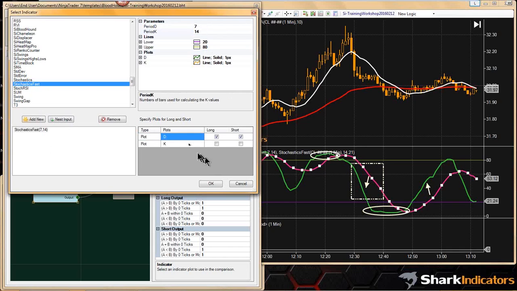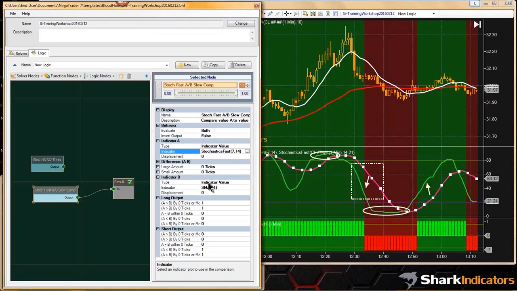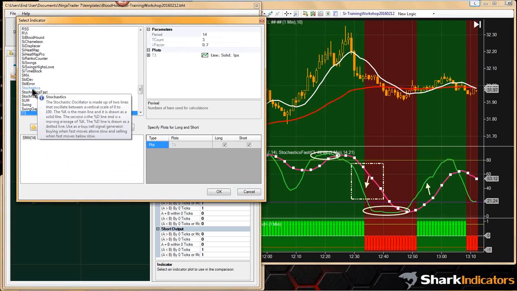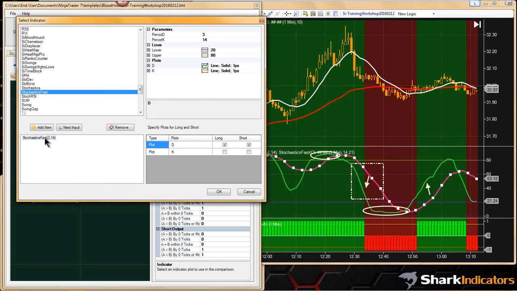So that's the faster stochastic, and we're using the %D on both of these. Alright, and next we'll put the slower stochastic in. So let's go grab that. So another stochastic's fast. And this time we're using slower settings, which is 14 and 21. And once again we're using the %D.